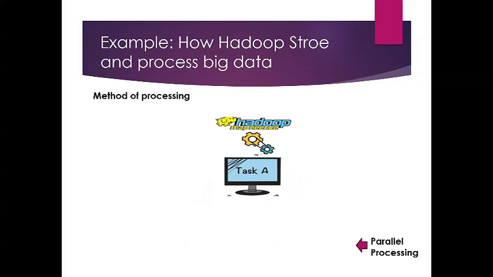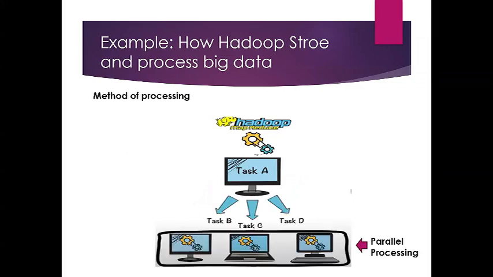For example, if we give a task called A, it splits the same task into three different queues, right? Then it's allocated to different queues to do the same process or part of the process. Then it gets the output, right? We call this MapReduce, right?